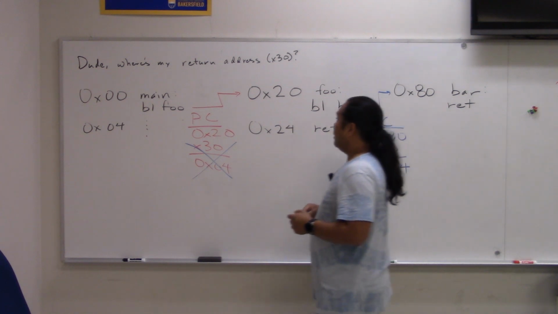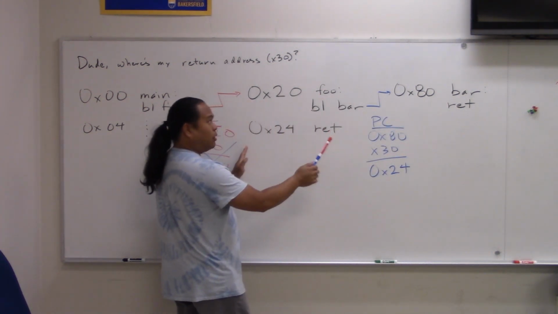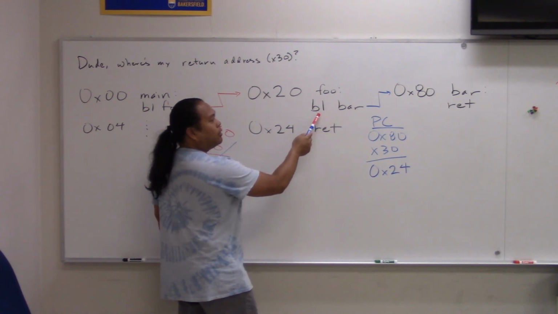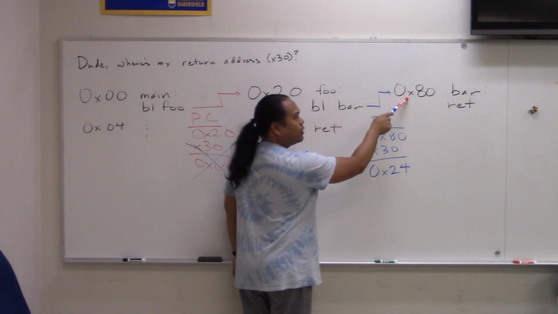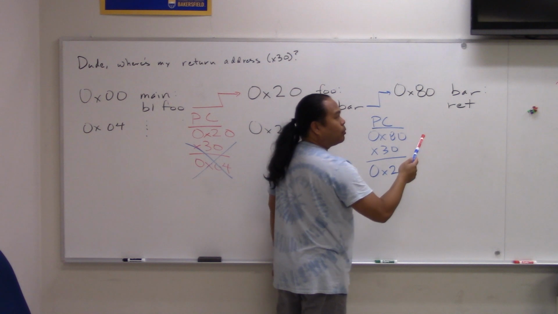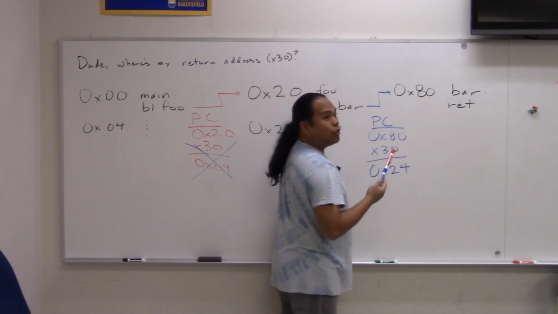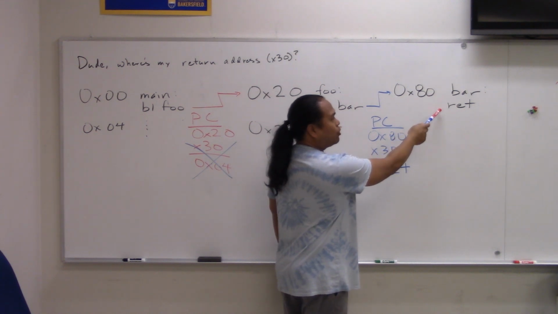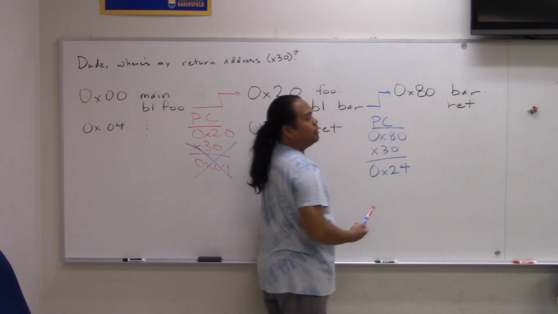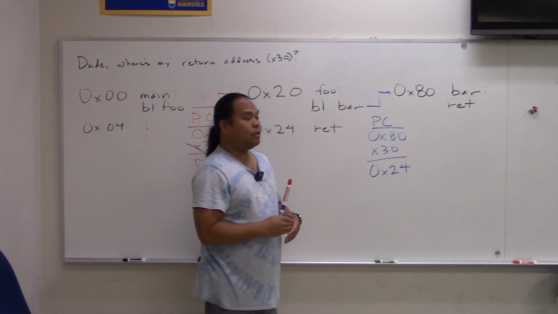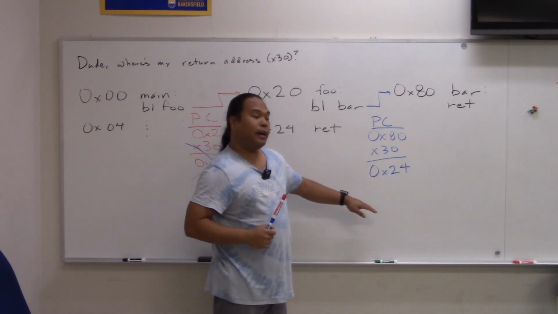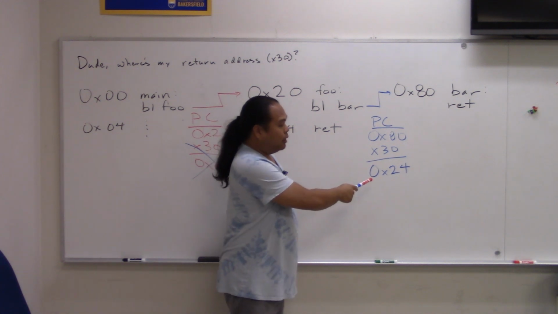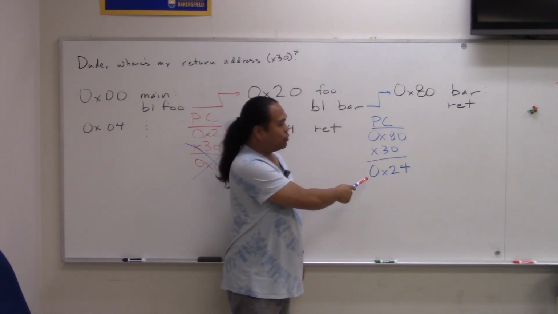So if you're just focusing on the depth of this call, bar being called by foo, what happens? The PC will jump to that address, bar, right? Remember that the label is not an instruction itself. It is just a label. The actual instruction located at 80 is to ret. Ret will return to whatever the address is located in the program in this X30 register.